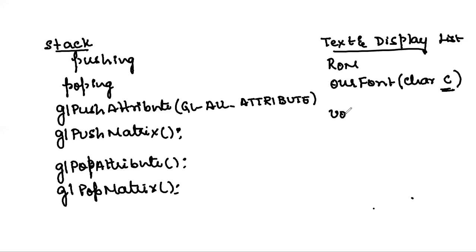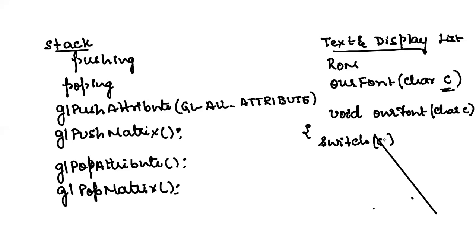It can be written as void ourFont, and it will take one argument which we want to display. Inside this, I'm going to write a switch case, switch matching with this character. We are going to write the different characters.